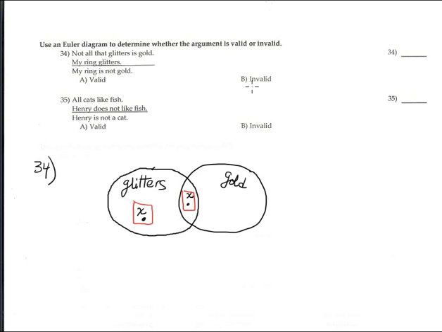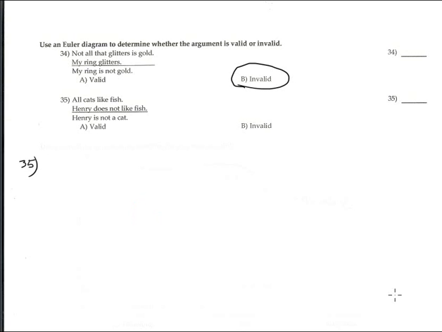So the argument is invalid, which is the option B. Invalid. Okay, super.